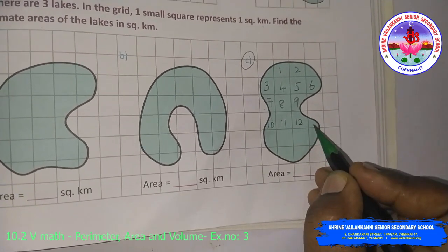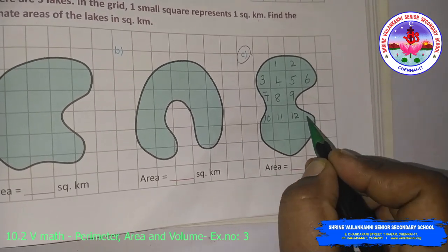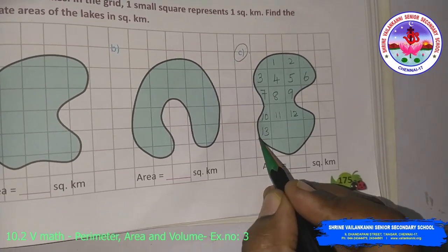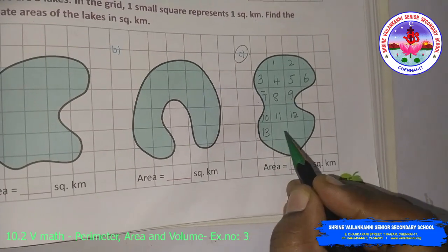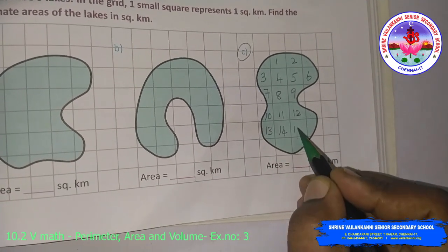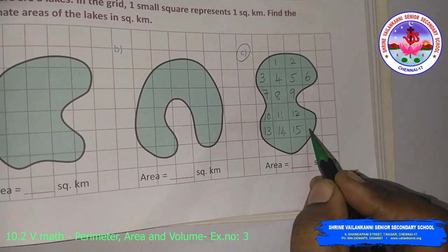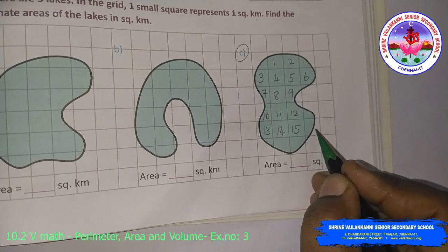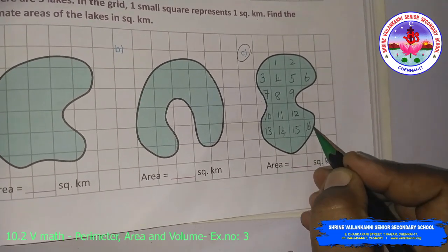So 12. This square is less than half, so I am not going to count it. Next is 13, the uncolored part is very little. So this is 14, this is 15. This one I will consider as equal to half, the shaded and unshaded parts are equal, so I am treating it as 16.